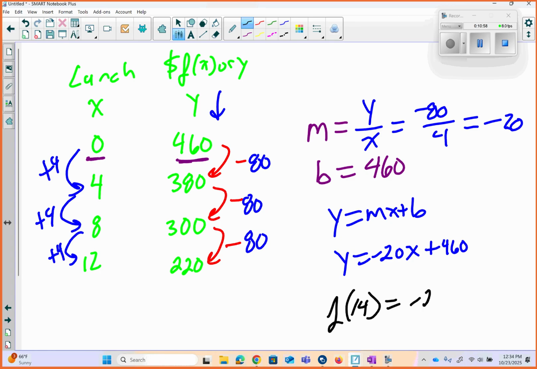And if you had a calculator, you could easily say, okay, I have negative 20 times 14 plus 460. So this gives me negative 280. Just added one too many zeros.